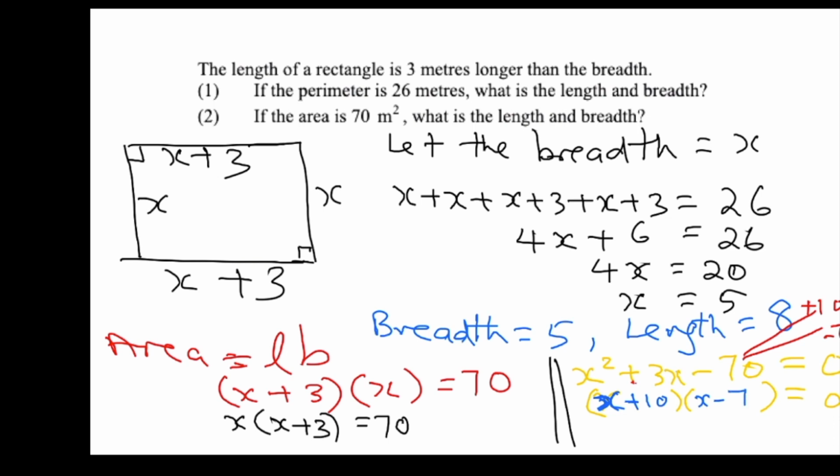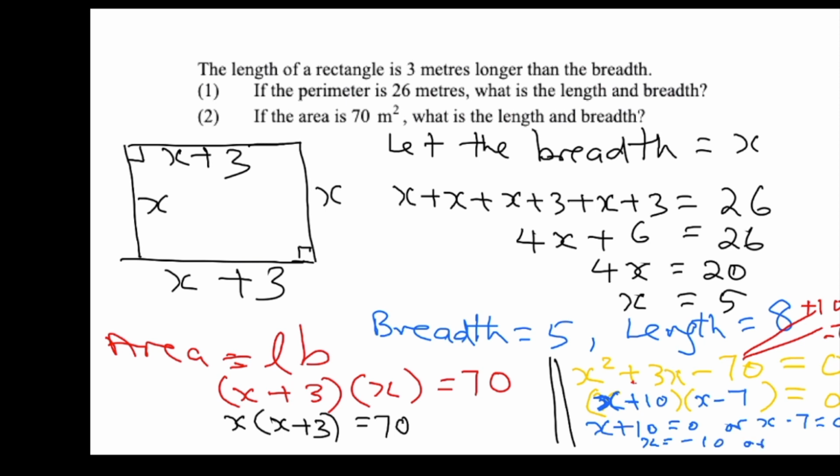And then this means x plus 10 is equal to 0, or x minus 7 is equal to 0. The first one will give us x is equal to negative 10.